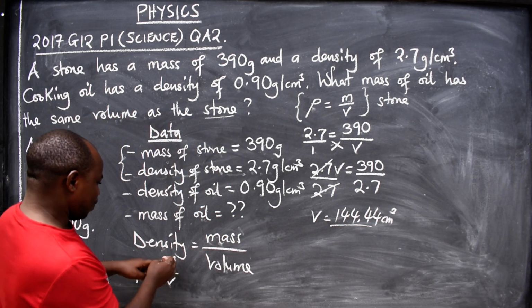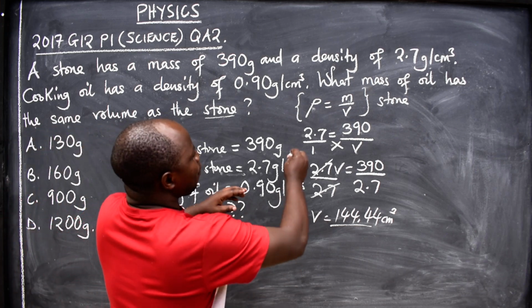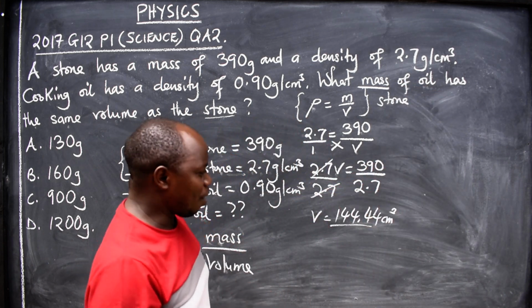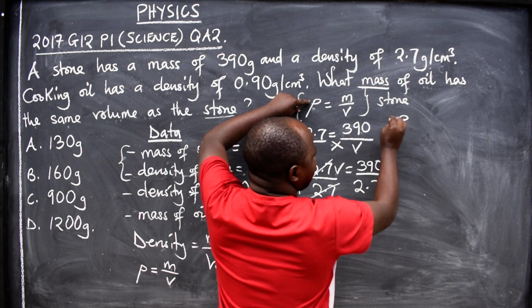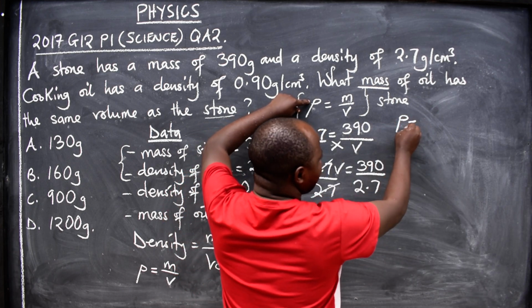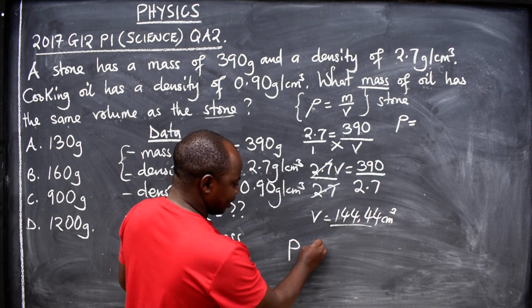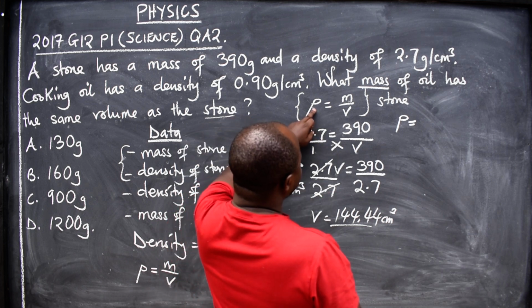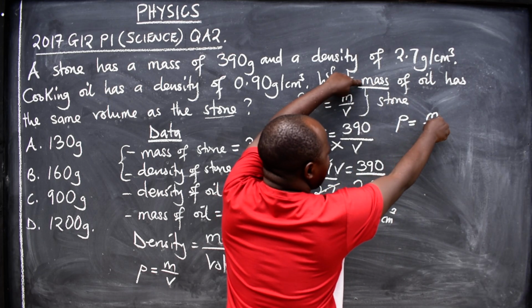We now go back to the formula. All we want is the mass of oil. So now what we are going to do here is the same formula. Density is equal to, by the way, this is not P. I'm not writing like this. It is like this, okay? So density is equal to mass over volume. What I want is mass now.